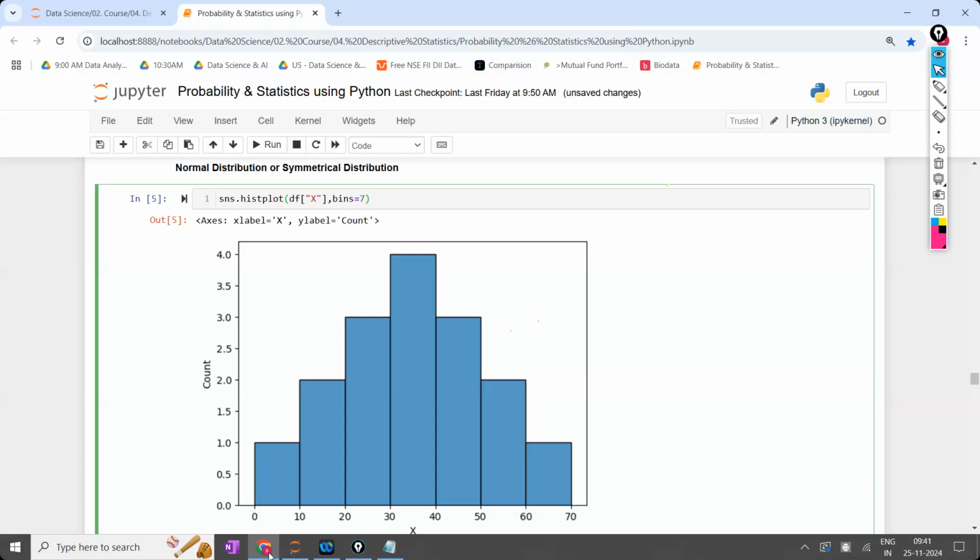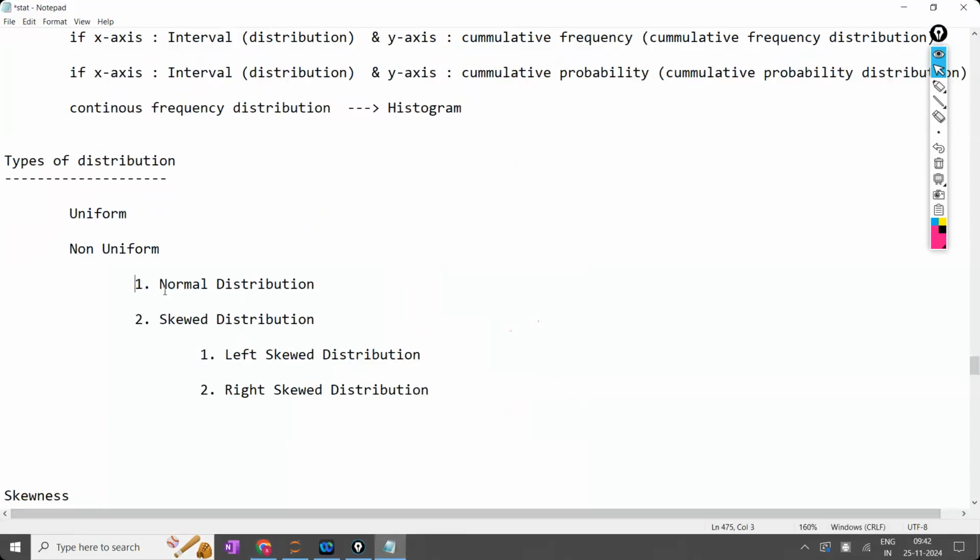Non-uniform distribution is again subdivided into 2 parts. First one is called symmetrical distribution.